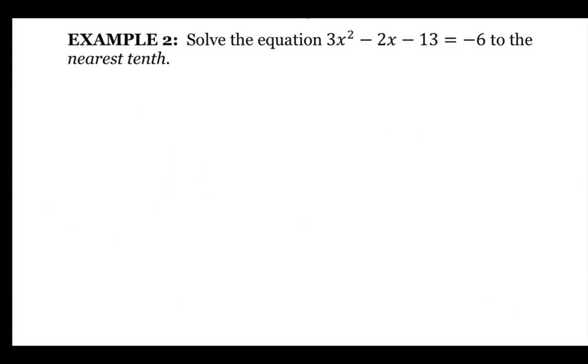Because on the test next week, I'm not going to say use the quadratic formula. I'm going to say solve it. Now, you might have to use the quadratic formula. You might not. Okay, so let's look at this one here. 3x squared minus 2x minus 13 equals -6.